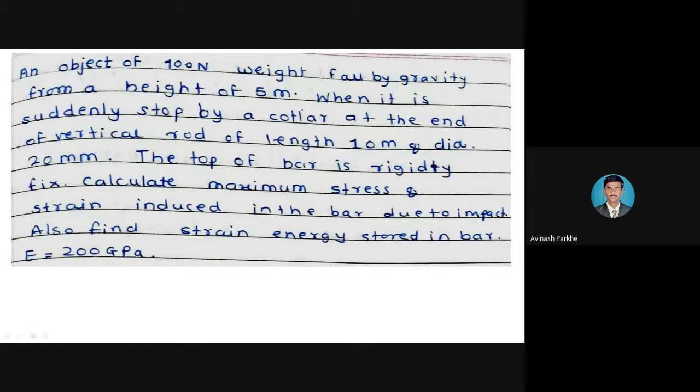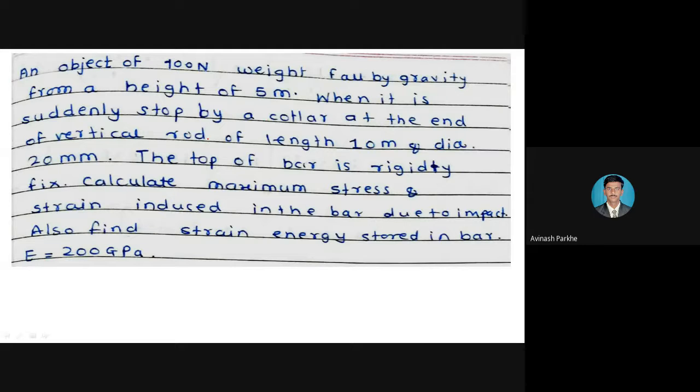When it is suddenly stopped by a collar at the end of a vertical rod. We have discussed that figure. One vertical rod is there, fixed at the top, and at the bottom side the collar is attached. If the movable load strikes the collar, the collar moves in the downward direction, meaning deformation is taking place.